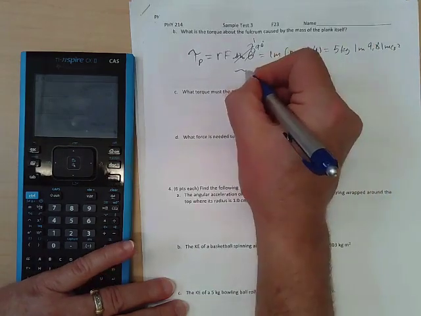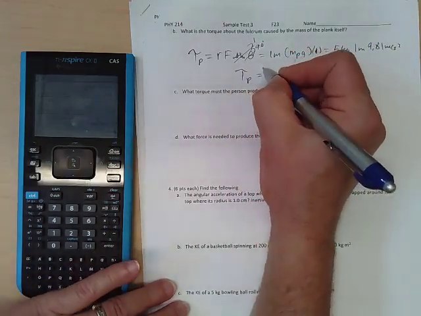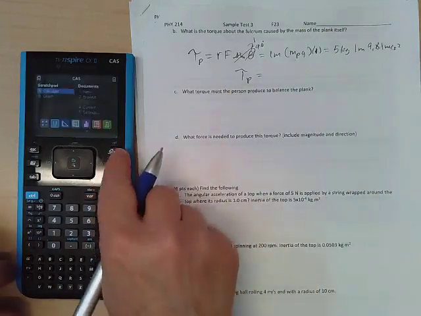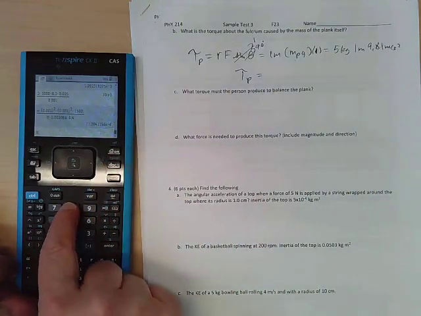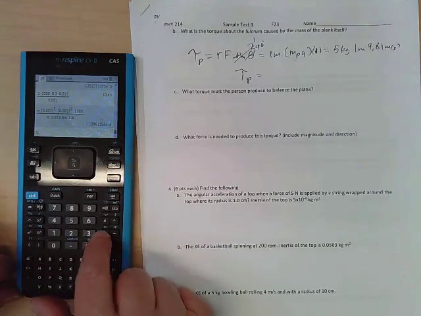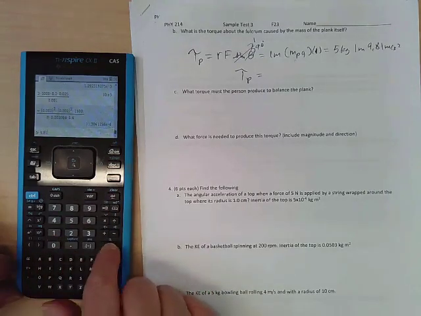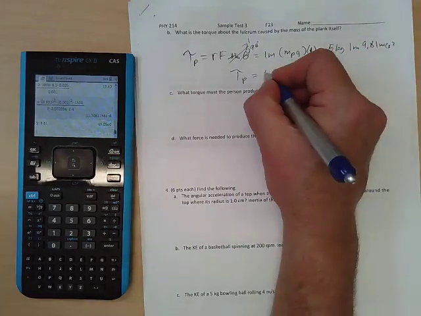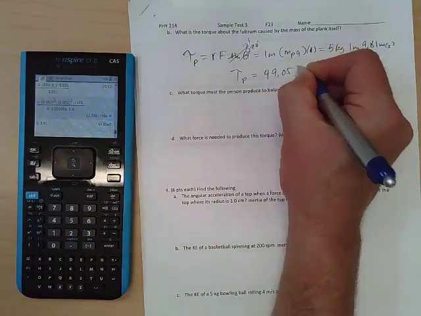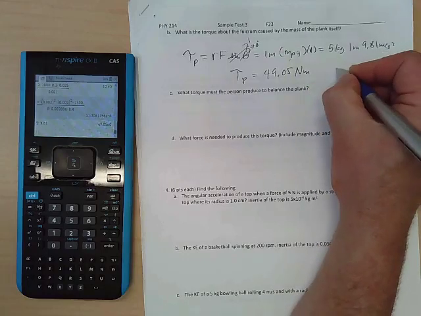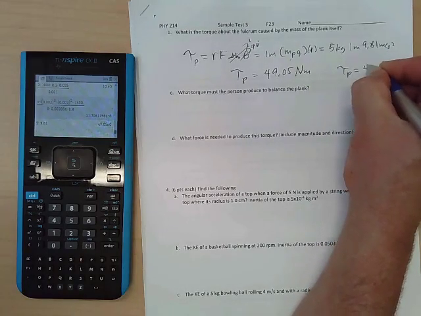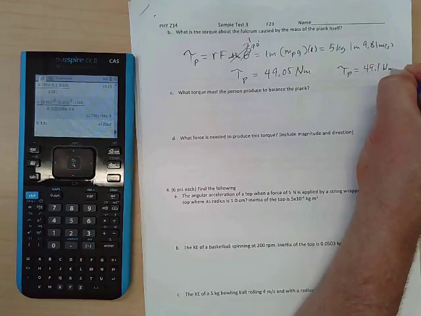And so the torque of the plank is just 5 times 9.81, 49.05 Newton meters, or with 3 significant digits, 49.1 Newton meters.